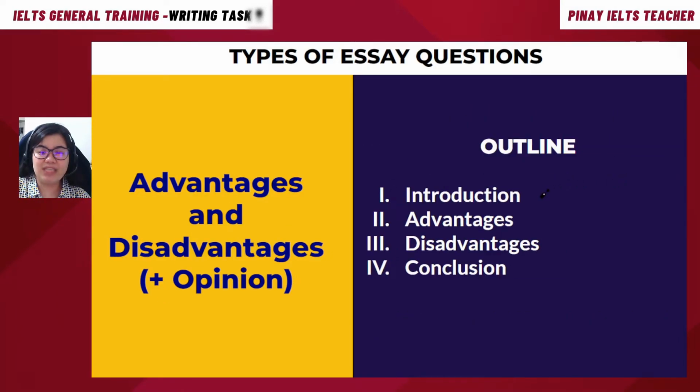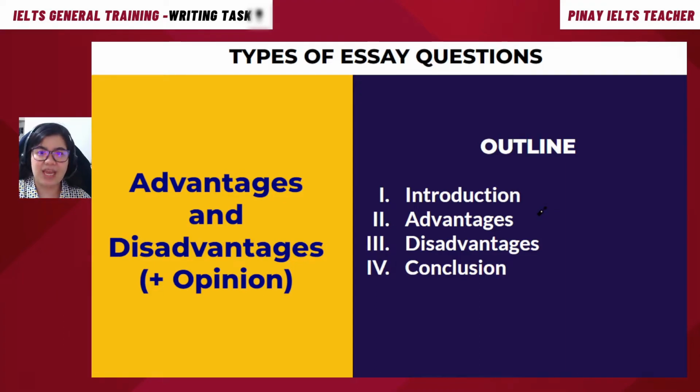But the outline remains the same, guys. It's still introduction, advantage, and disadvantage. However, in the way you present your introduction, you already mention that the advantage weighs more than the disadvantage, or the other way around. So the way you present it is not, this essay will talk about advantages or disadvantages. You will no longer just say it as plainly as that in your introduction.